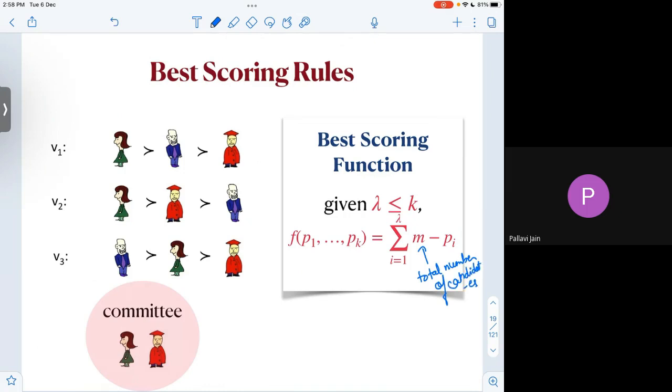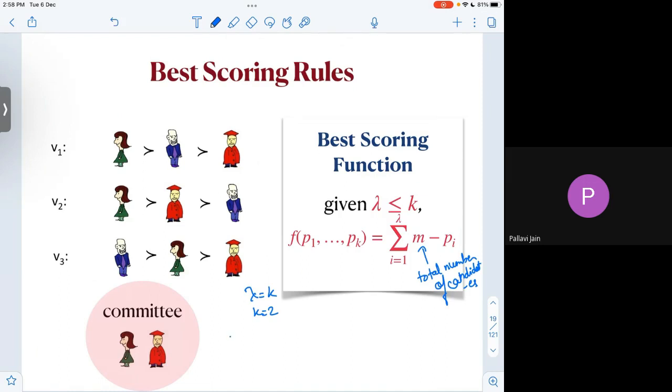Let's take an example. Let's say this is my committee, and let's say my lambda is k, and k is 2 here. So lambda is also 2. Let's say what is the scoring function for the voter V1.